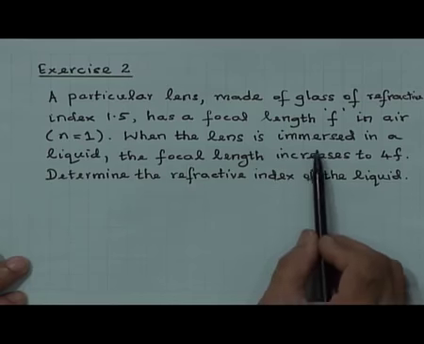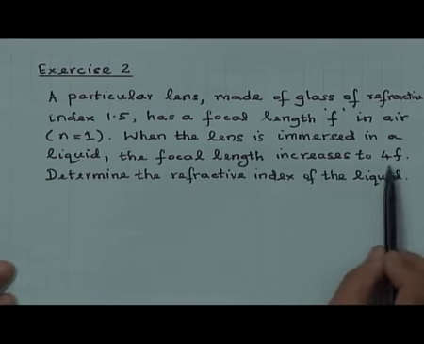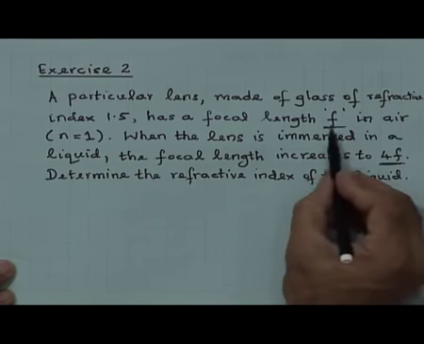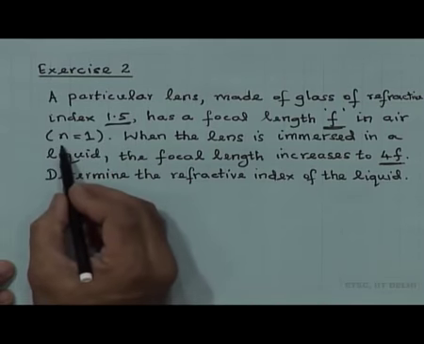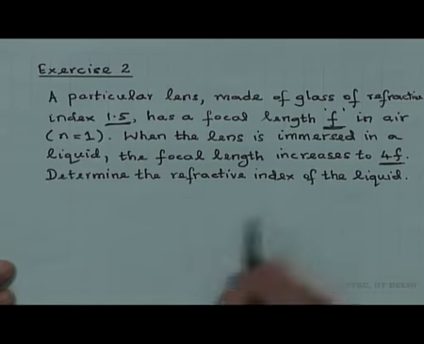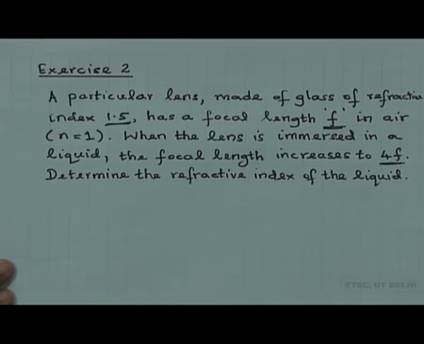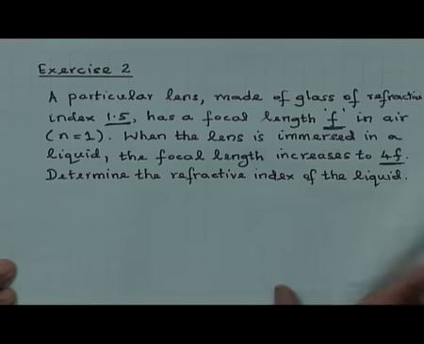When the lens is immersed in a liquid, the focal length increases to 4f. So, this is 4f, here it is f. Refractive index is given 1.5 and outside it is air, and when it is immersed in a liquid, focal length increases to 4f. Determine the refractive index of the liquid.